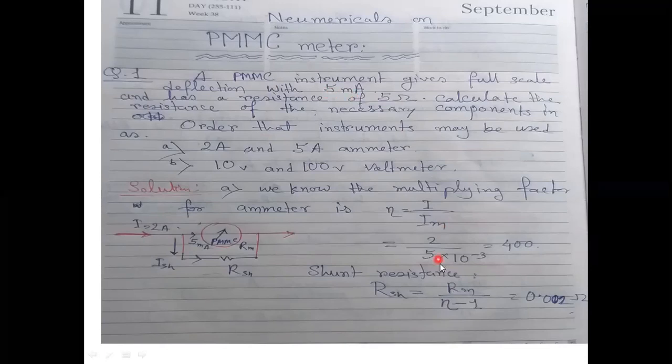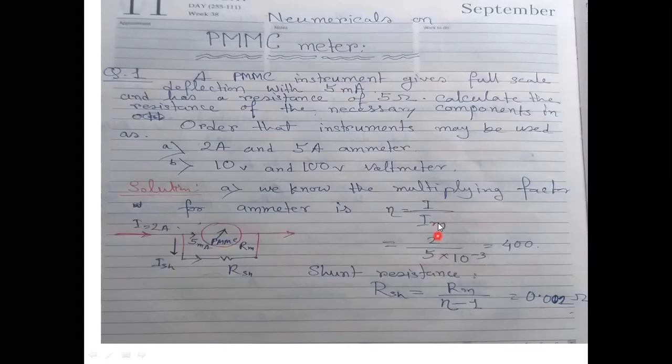So 5 milliampere is 5 into 10 to the power minus 3. So the multiplying factor is I by Im. I is the total current, which is 2 ampere we want to measure, and the full scale deflection current Im is 5 into 10 to the power minus 3, because 5 milliampere we have to convert into ampere. So this is coming 400.